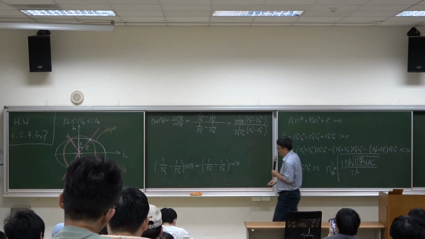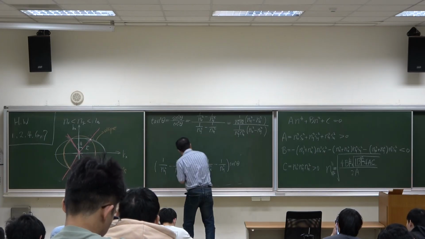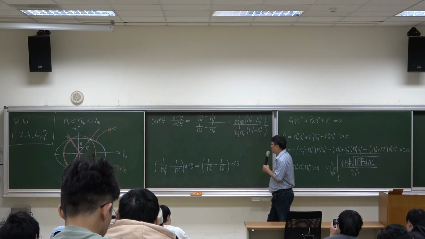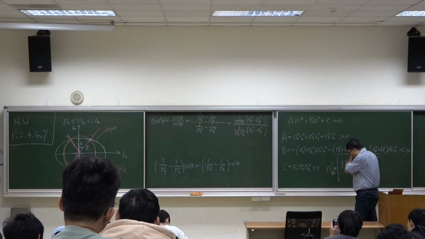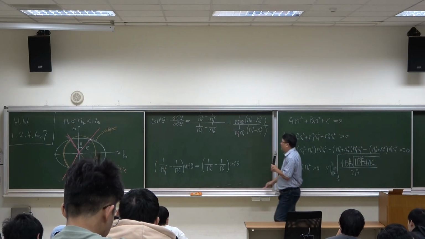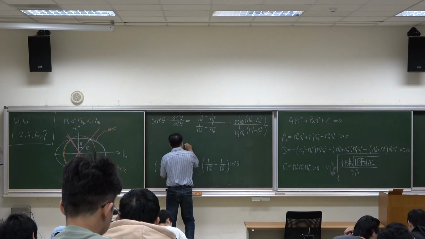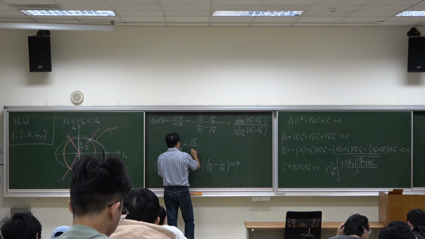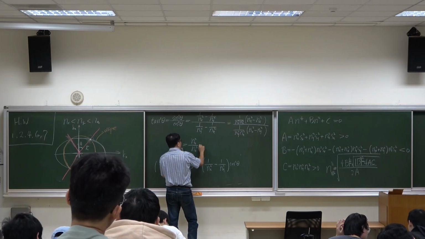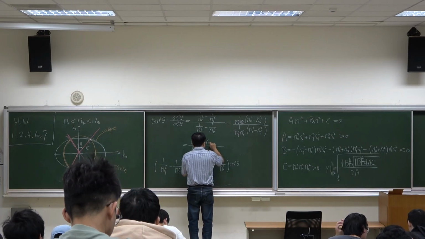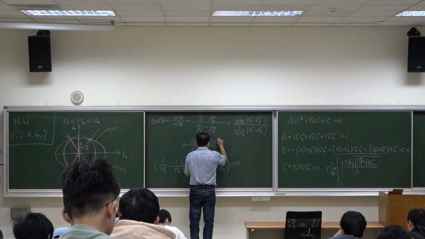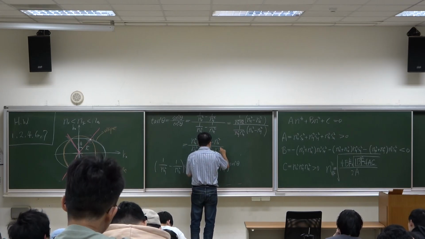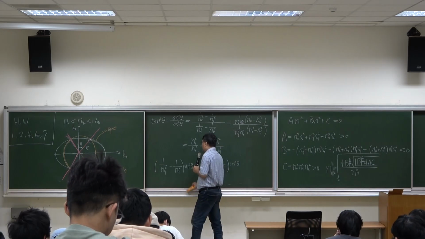And the same factor ny squared cancel. And the result is nz squared over nx squared times ny squared minus nx squared over nz squared minus ny squared. Okay?